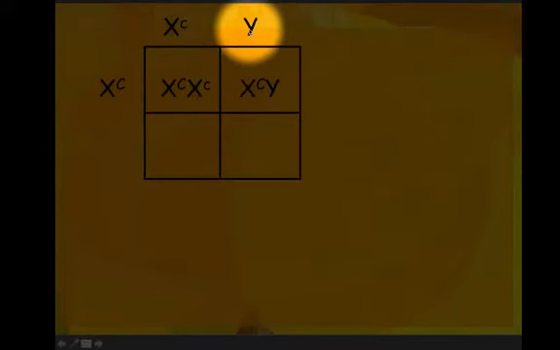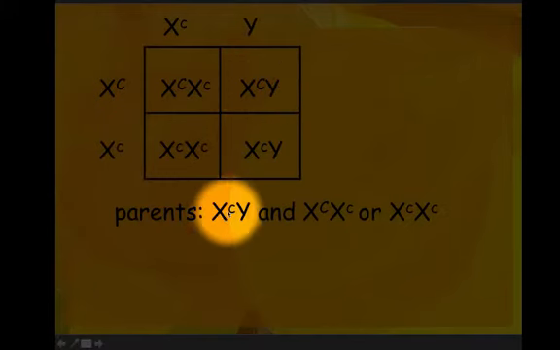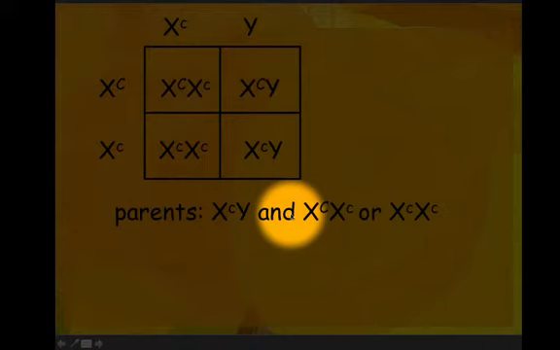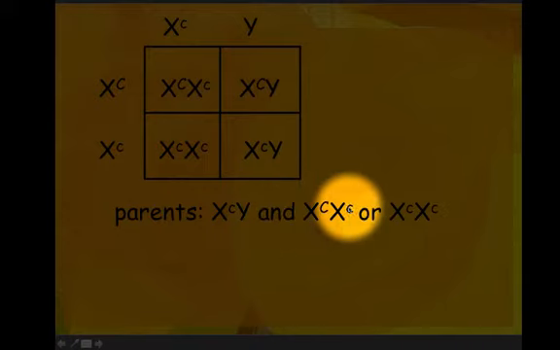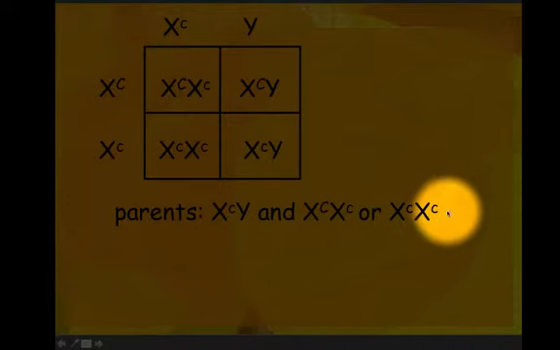Mom's genotype could be XCXc, and therefore we have the option of having the parents be XcY and XCXc, or mom could also be colorblind and have two little c's. This is a pretty rare case that mom is colorblind.